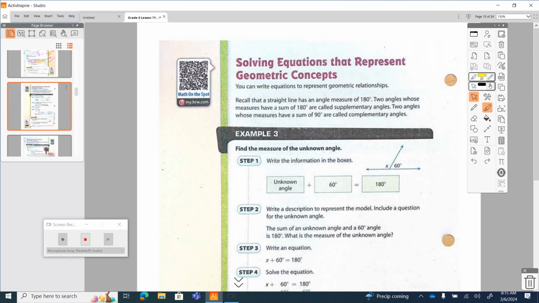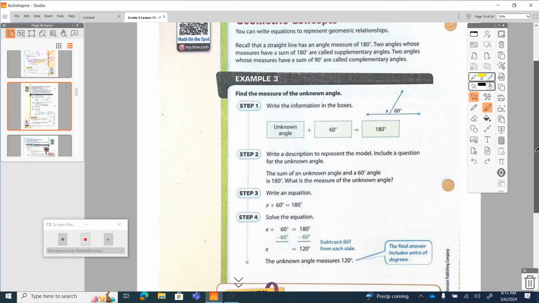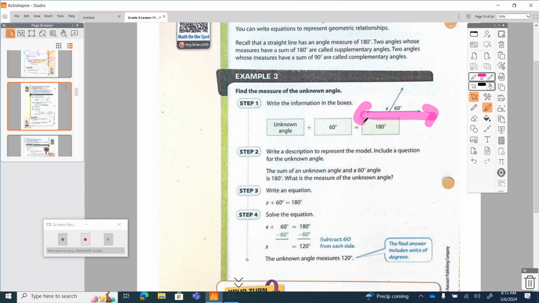They also did this with algebra here, with some geometry. They expect you to know that a straight line here is 180 degrees. So that's where they get that 180 degrees. Sorry, it's geometry. I love geometry. Basically, there's two angles here. There's this space, which is angle X, and there's this space, which is 60 degrees.